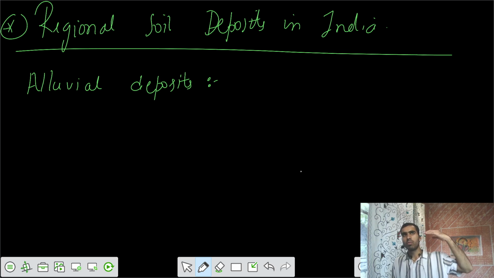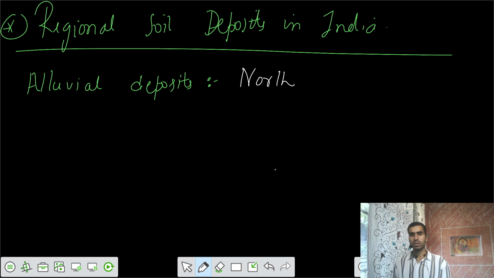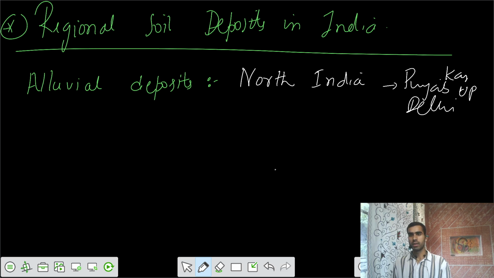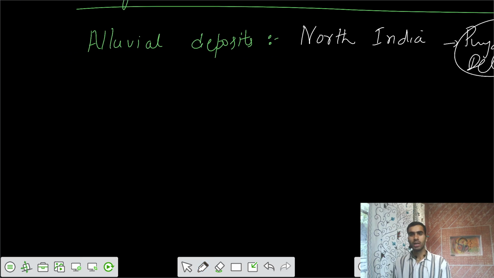We have rivers on the north side of India, originating from the north because we have mountains there. So the deposits of that soil in North India, like in Punjab, Delhi, UP, Kashmir, etc. Okay, so this is your North India.